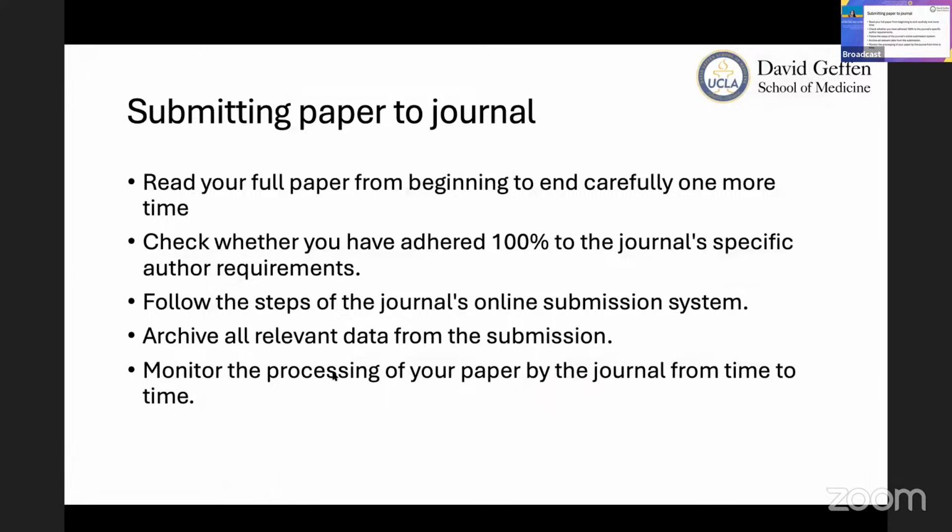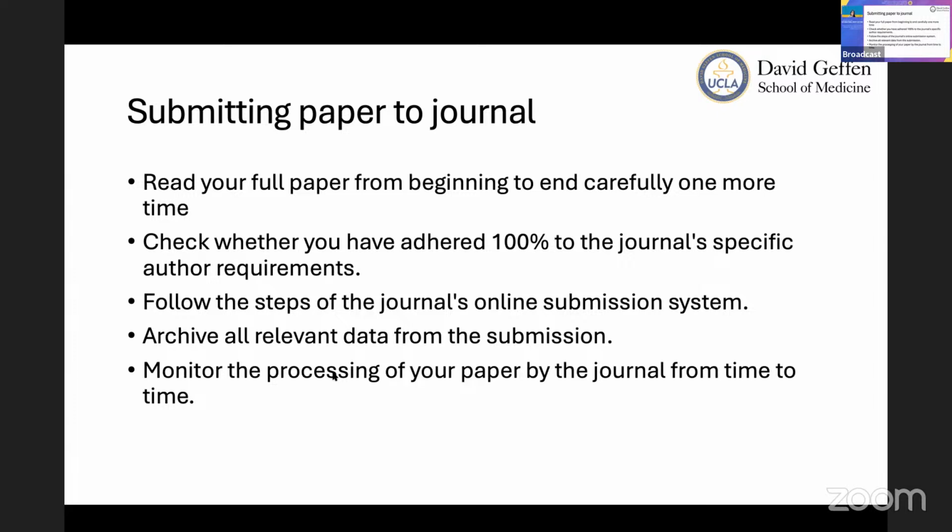Before you submit, read your writing completely, and make sure you have adhered to the journal-specific author requirements. Follow the steps of the journal's online submitting system. There is a specific system in each journal that you have to follow. And archive all the relevant data.